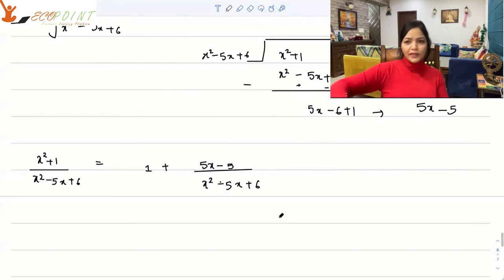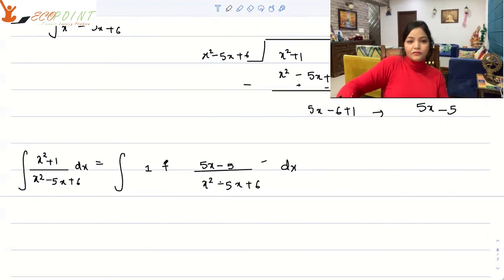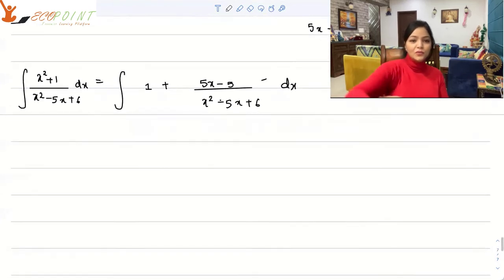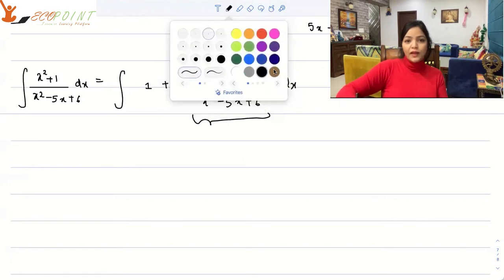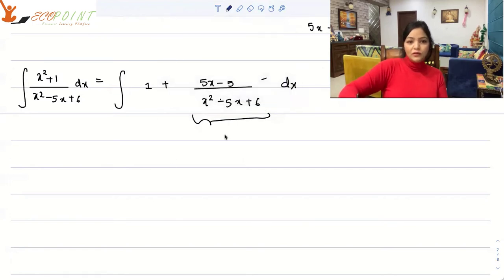Now, integrating 1 is very simple, right? So integrating on both the sides, what is important for us is this portion, because integrating 1 is very simple. What we can do is work out partial fractions on this integral, say I1.